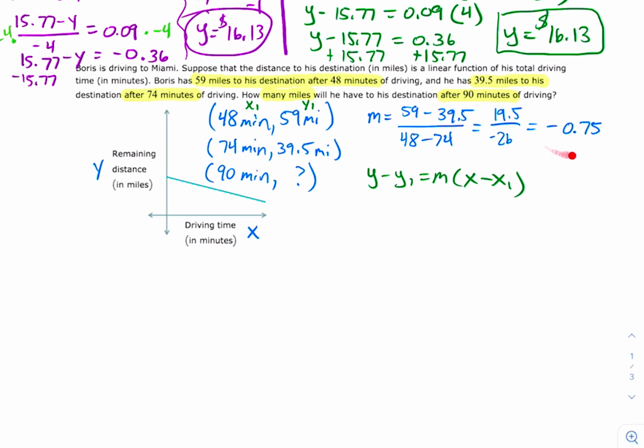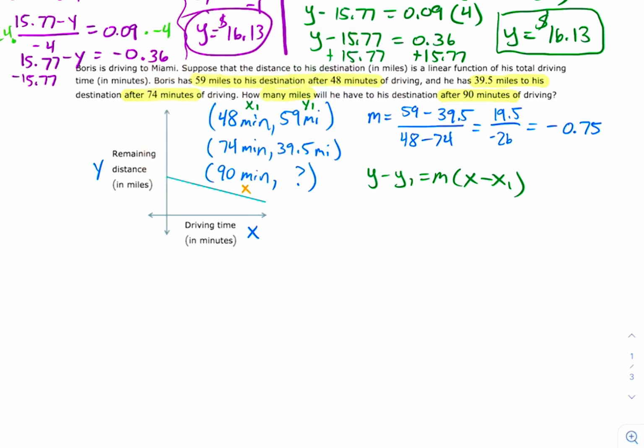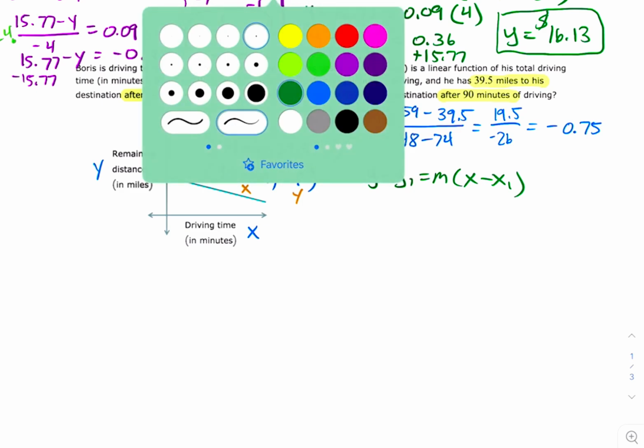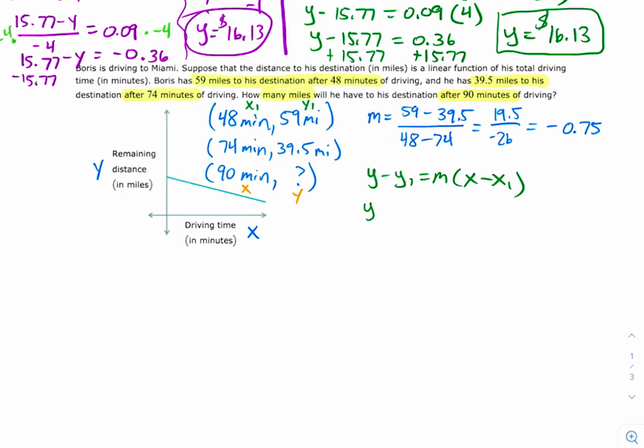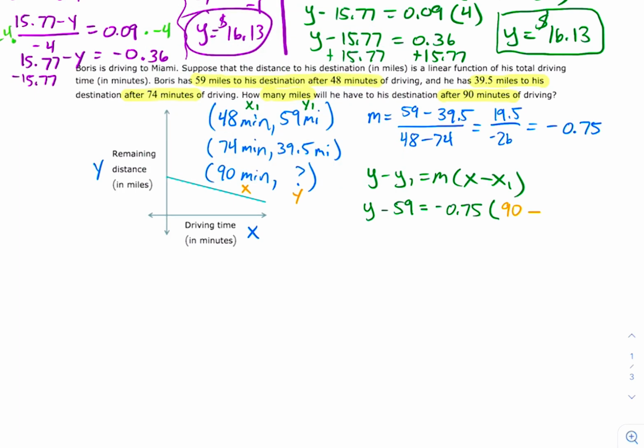My m is negative 0.75, and I'm going to put 90 in for the x, and then we are trying to find that missing y. So this will be y minus 59 equals our slope of negative 0.75 times 90 minus 48.